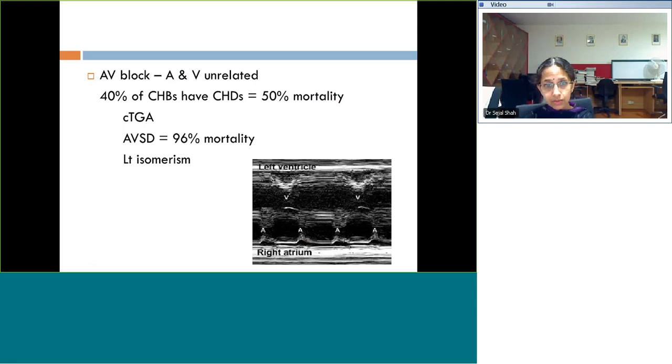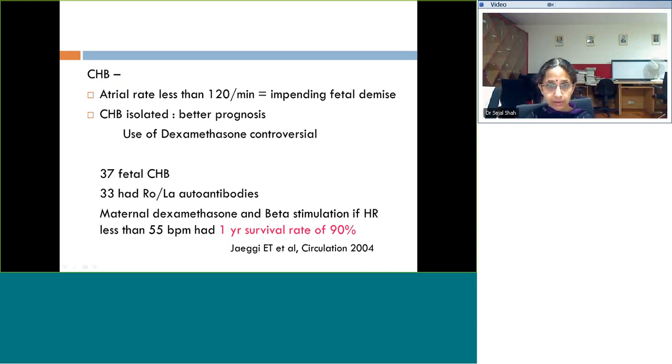Corrected transposition, atrioventricular septal defect, and isomerisms, heterotaxies, are commonly there with heart blocks, but there are 50–60% of heart blocks which are just isolated. So they are isolated congenital complete heart blocks. Now, when they are isolated congenital complete heart blocks, how do we expect the prognosis?